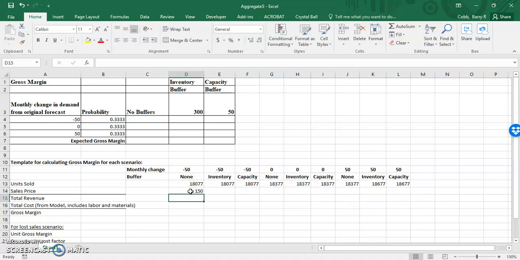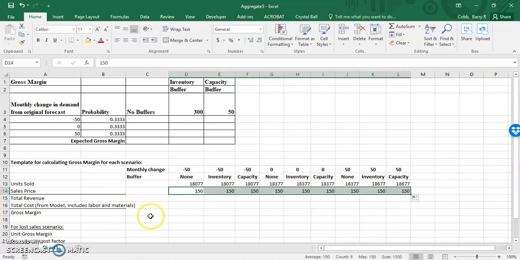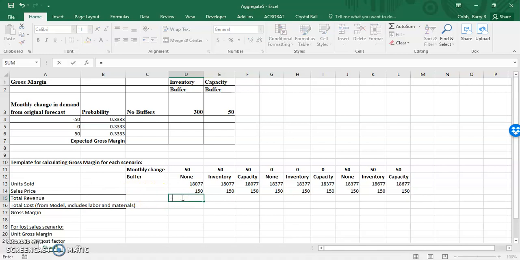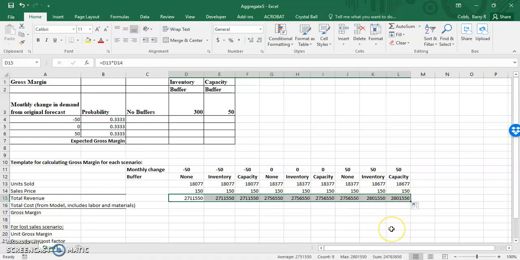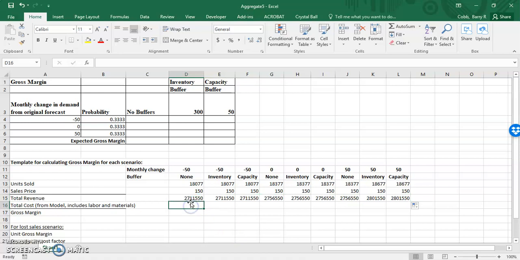This example assumes a sales price of $150 for this item, and so the total revenue would be the units sold times the sales price. The total cost we need to get from the model in all of these cases.